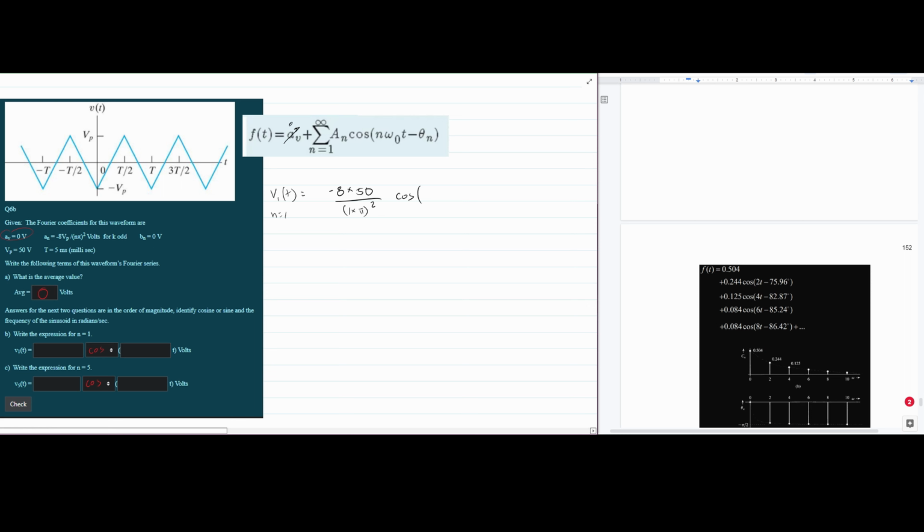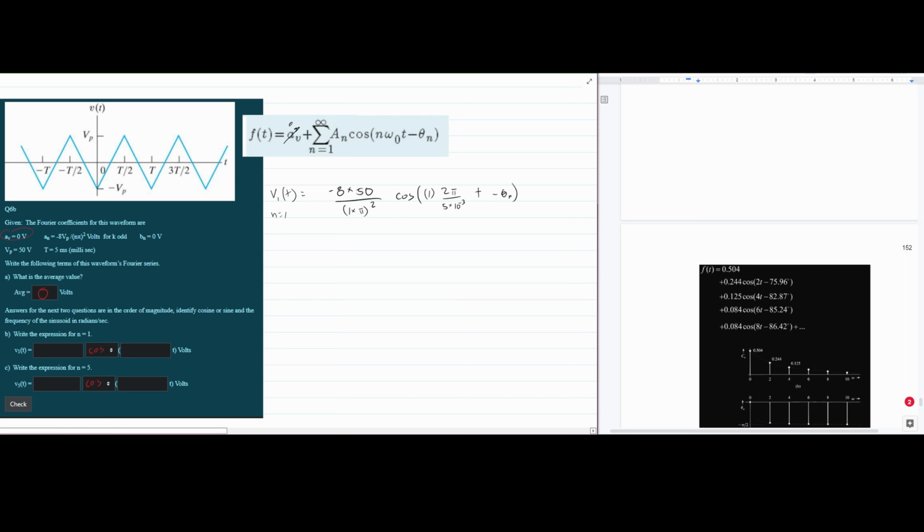Inside of here we have our n, which is 1, our omega, which we know is 2 pi over T. T is the period, and we are given the period right here, 5 milliseconds. So we can replace this with 5 times 10 to the negative 3, because that's what a milli is, times t, and we're not going to have any angle, so our angle is just going to be minus theta_n.